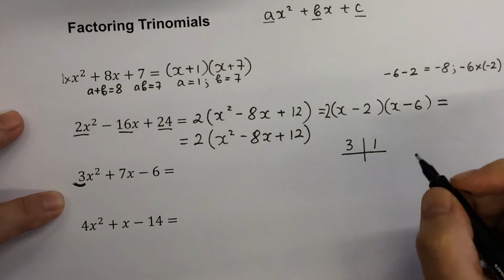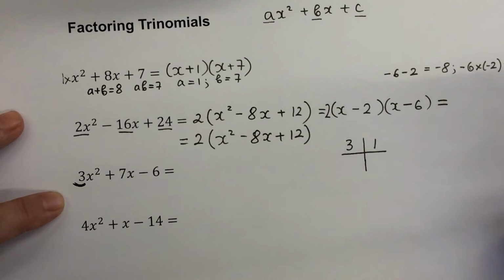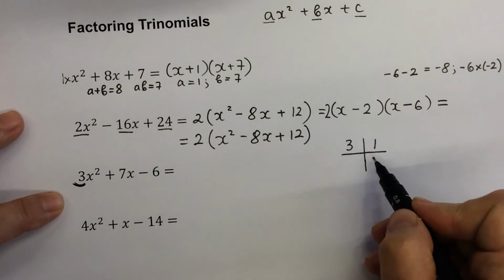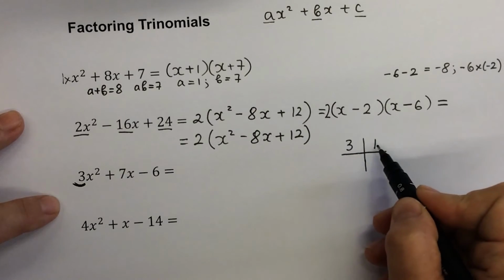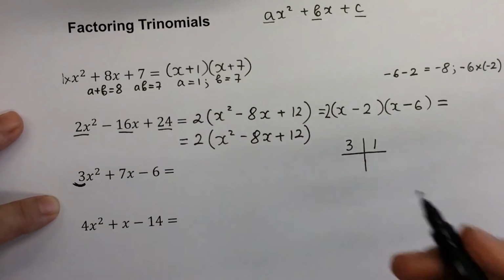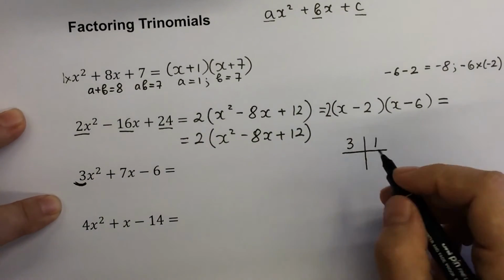Okay, we're drawing the cross. Now we start to enumerate all possible combinations of numbers such that their product is minus 6 and, cross multiplied with 3 and 1, the sum will give us 7. It sounds complicated, but it's much easier when I start doing it.